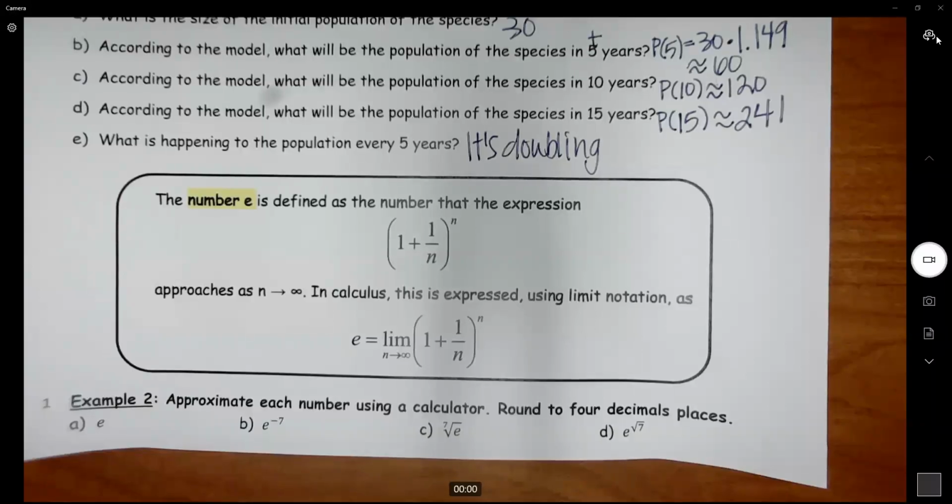You can't talk about exponentials and not mention the number e. So if you are not familiar with e, let's get familiar with e. E is another irrational number, just like we know the irrational number pi. Pi is about 3.14.